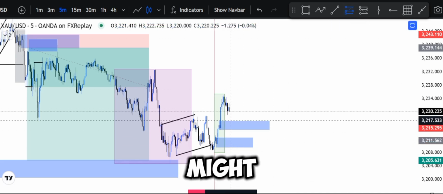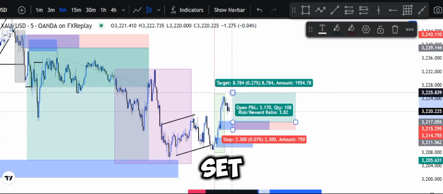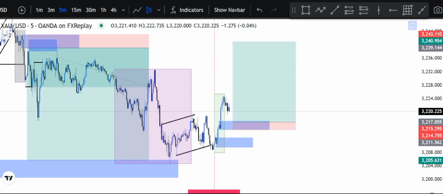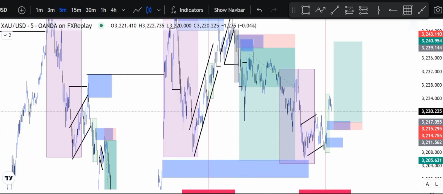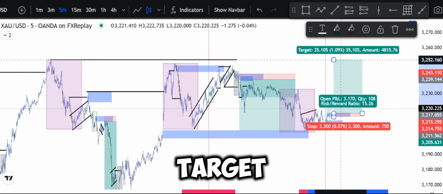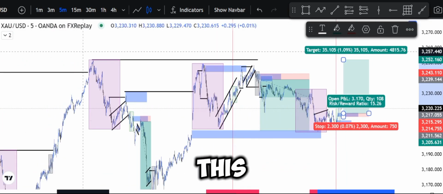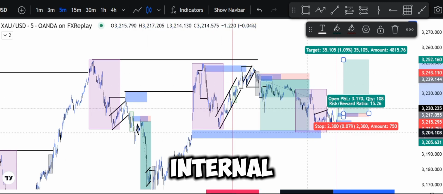Price might mitigate this one before it flies. Let's set limit order here. We can target the nearest high liquidity, which is this one. All this is internal liquidity.